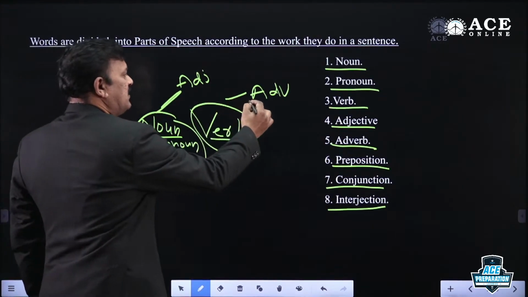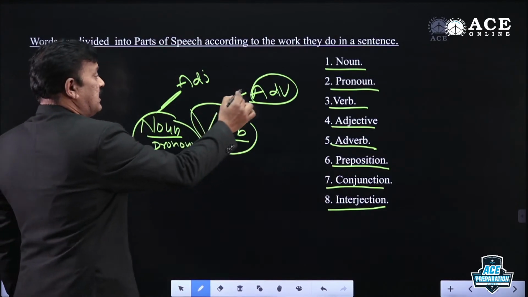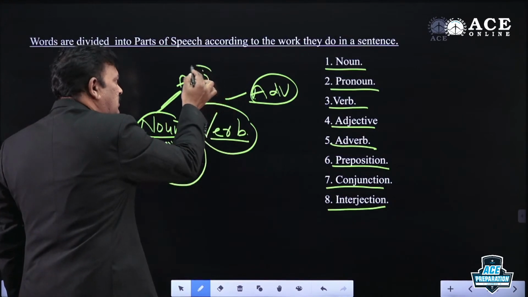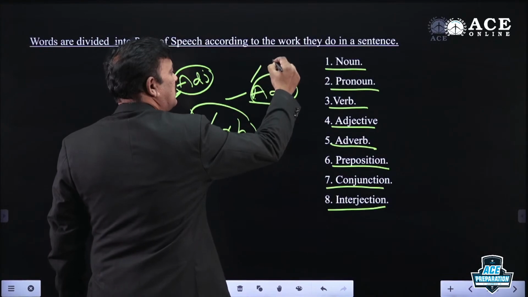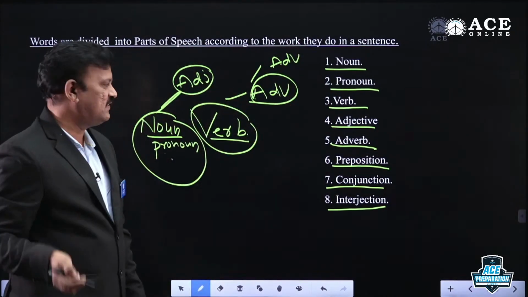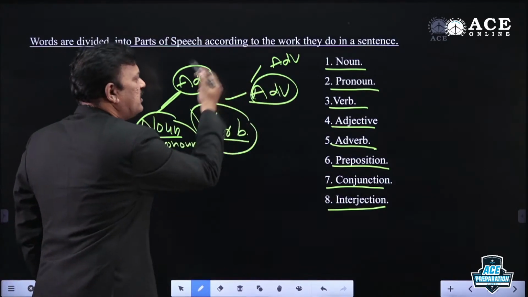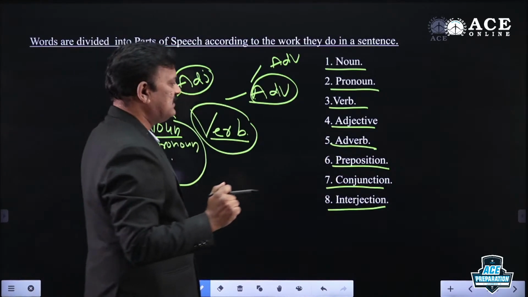But this adverb is very naughty. It can talk about verb, it can talk about adjective, that is hero's friend. It can also talk about one more adverb if it is there in a sentence. So basically 4 characters. The whole story is going around these 4 characters. Can you recognize them? We'll come back.